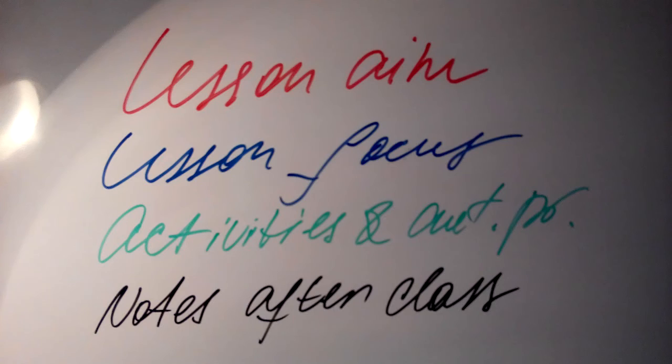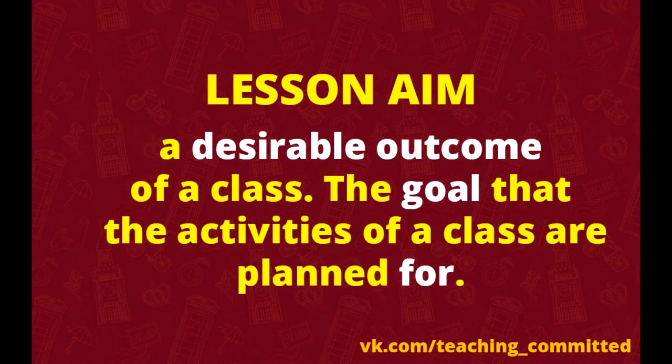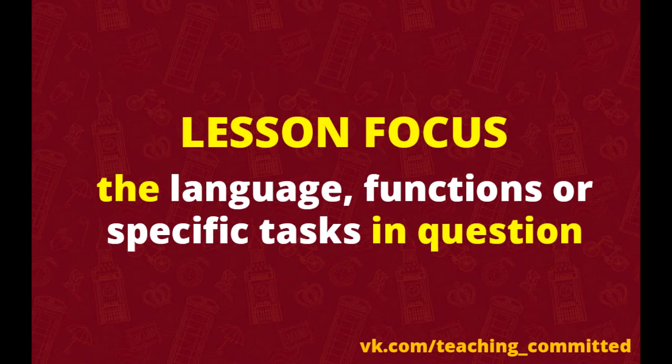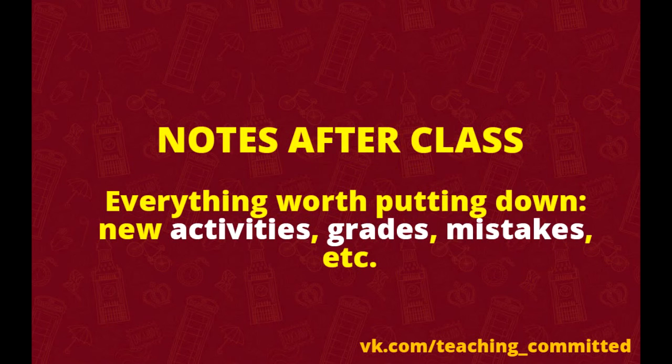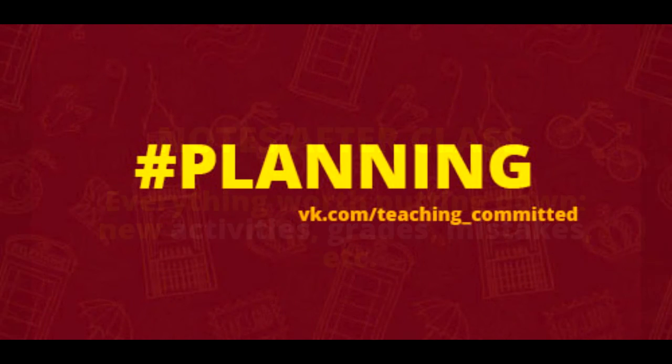Four columns: lesson aim, what we want to achieve; lesson focus, what language we're working with; activities, anticipated problems, all the activities, procedures for them, and problems that might arise; and notes after class. So everything that we think we need to remember, everything that is important for our further work.